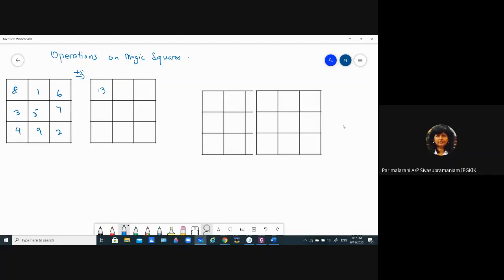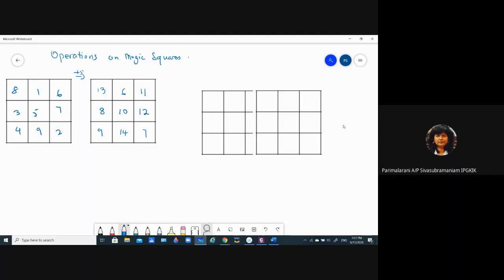So 1 plus 5? 6. 6 plus 5? 11. 3 plus 5, 8. 5 plus 5, 10. 7 plus 5, 12. 4 plus 5, 9. 9 plus 5? 14. 2 plus 5, 7.